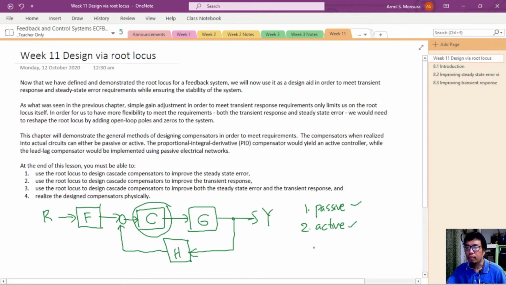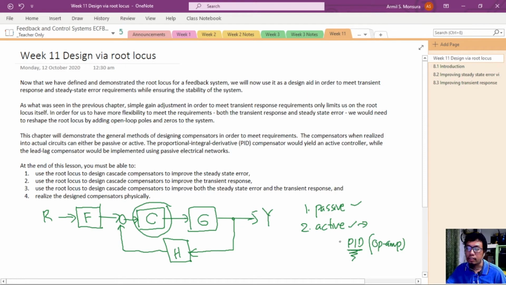Now, dalawa yung approach na gagawin natin dito. So kapag active, we'll be coming up with what we call a proportional integral derivative controller or compensator para sa ating controller. So yung itong PID controller natin would be using active circuits. It means it would be implemented using an op-amp.